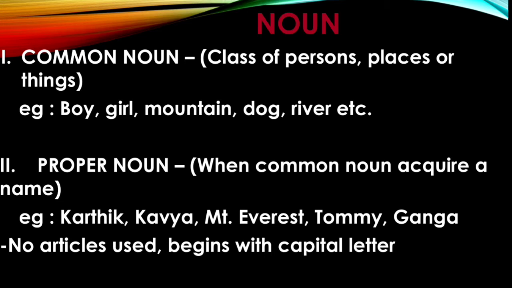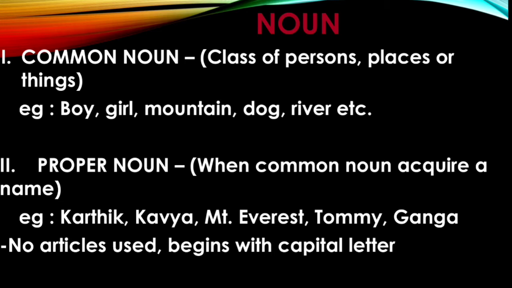There are many rivers. When we say Ganga, the river, it becomes particular. Then it is a proper noun. So if a proper noun remains a proper noun, no article can be used before it, and it always begins with a capital letter. A common noun can be changed into a proper noun by adding the before it.